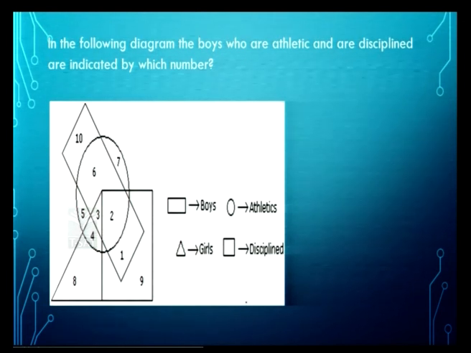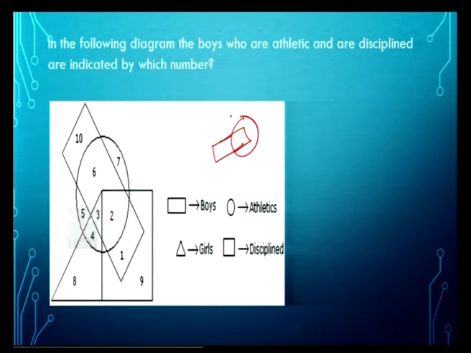Now the question is: the boys who are athletic and disciplined. Basically they are boys first, and boys come under the rectangle. Second, they are athletic, so they come under the circle, correct?